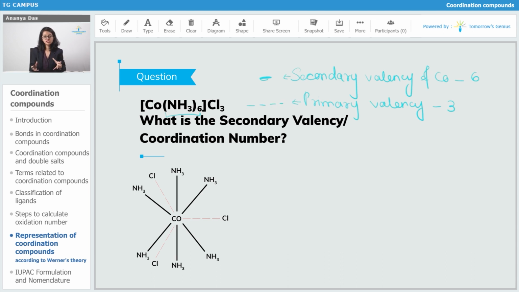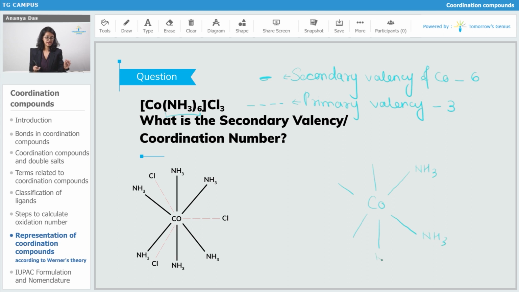Whenever you are trying to represent a compound using Werner's representation, first write the metal atom, cobalt. Second, you have to satisfy the secondary valency, that is, whatever secondary valency you can see, draw them using solid lines. There are 6 secondary valencies, so 6 solid lines as in the image on my left, and the secondary valency is satisfied by NH3.